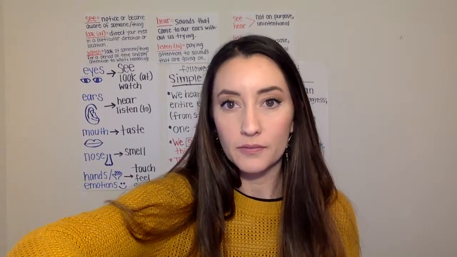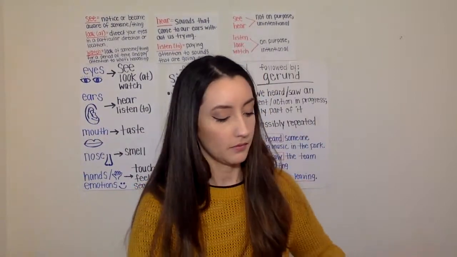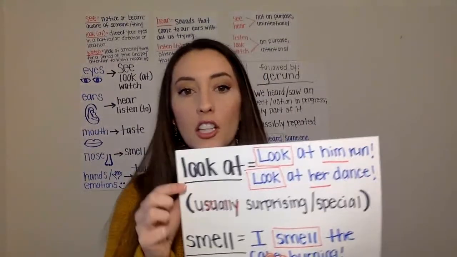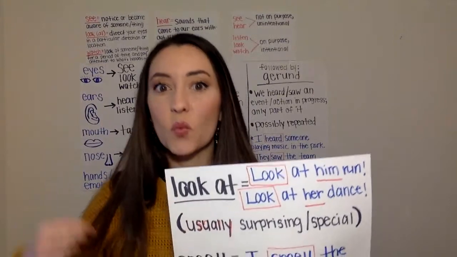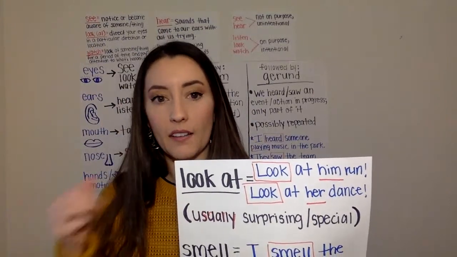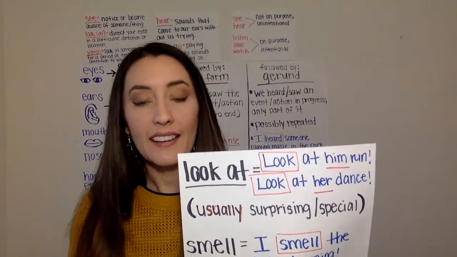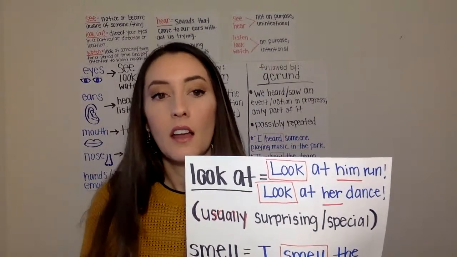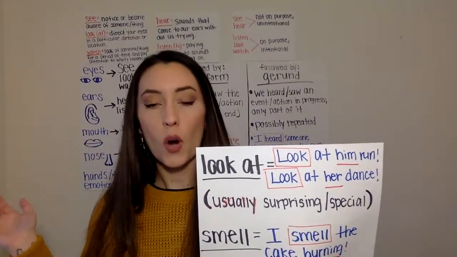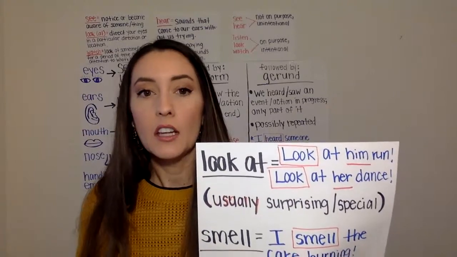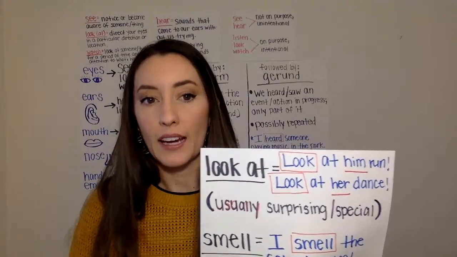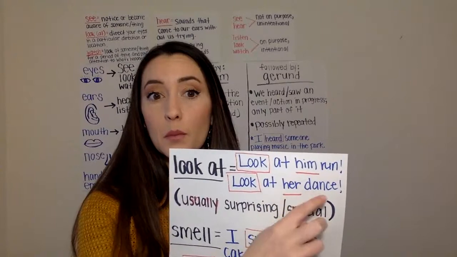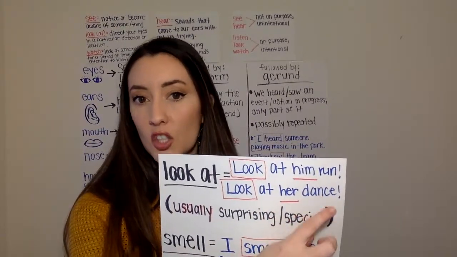For example, look at him run, or look at him running, look at her dance, or look at her dancing. So typically when we use it in this way, it can be followed by the simple form or the gerund, okay?